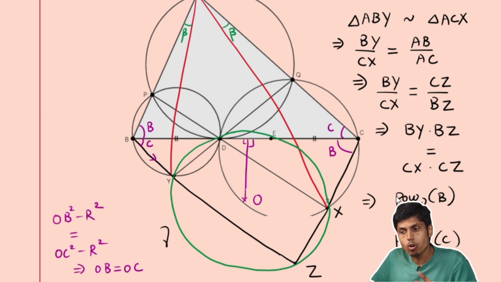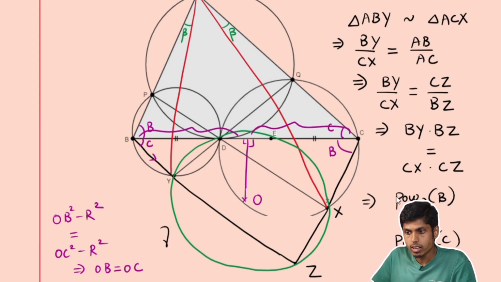Now, after proving OB equals OC, it means that these two lengths are also equal. Let's call the foot of the perpendicular from O to BC as F. Then FD will be equal to FE because from the points B and C we move equal distances.